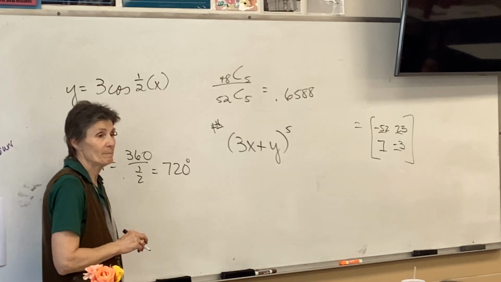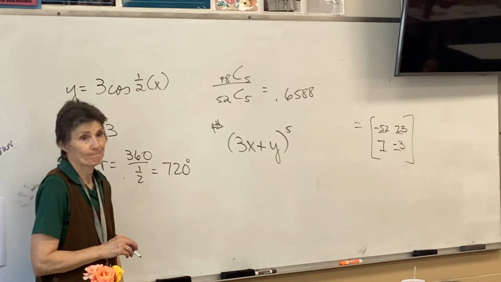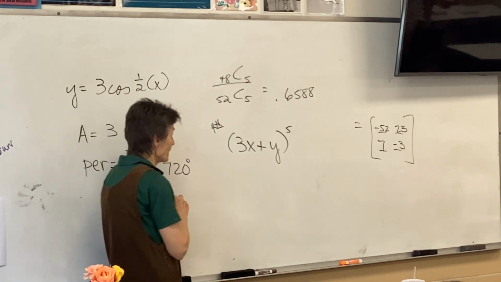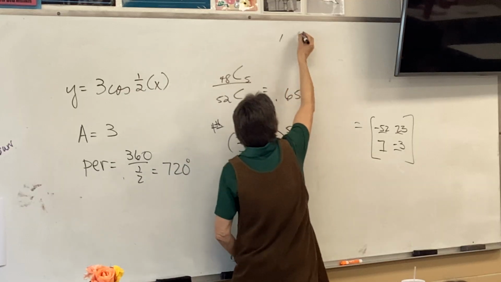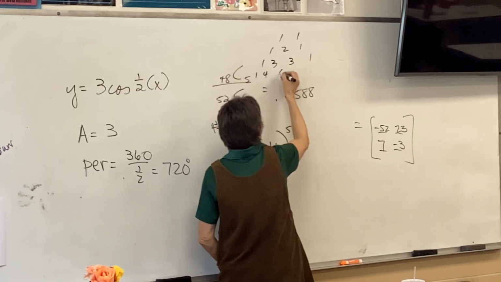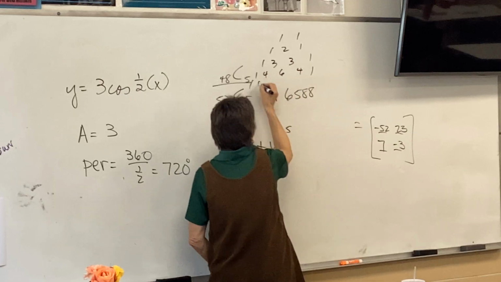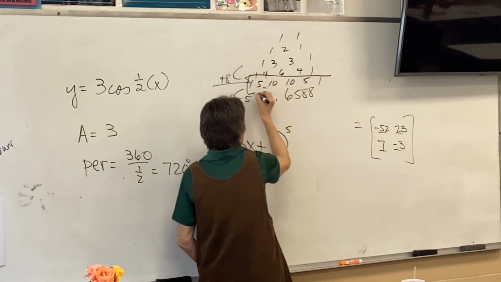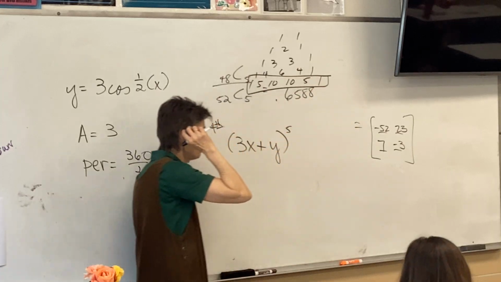Where do we even begin? We begin with Pascal's triangle, and which row do I need to go to? The 5th, right there I am, there's my 5th row.